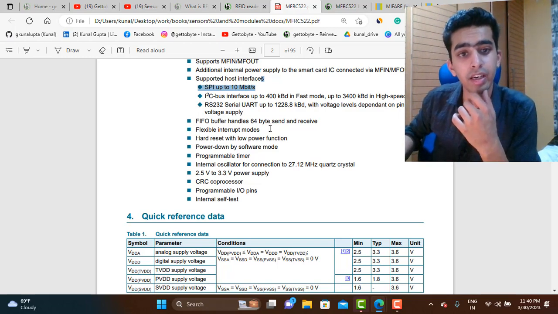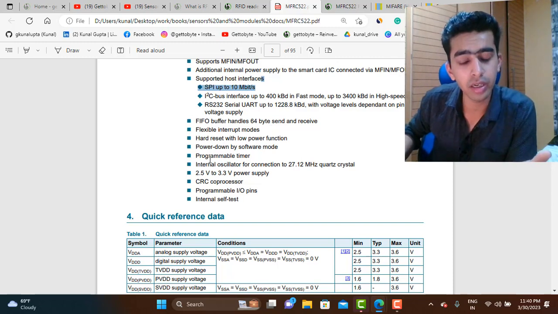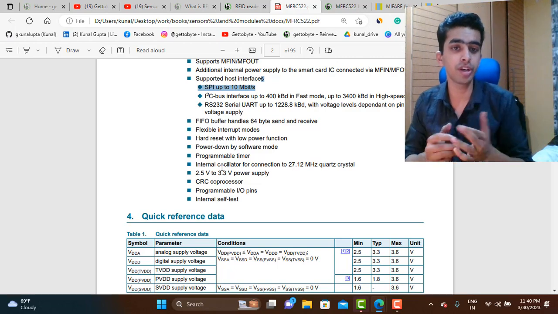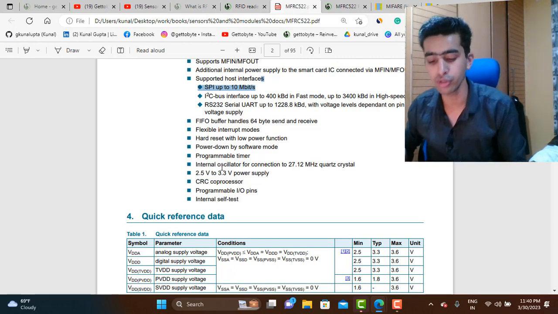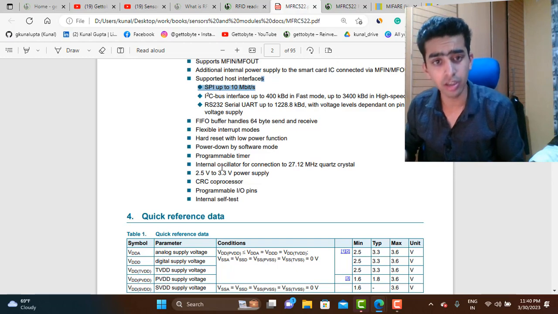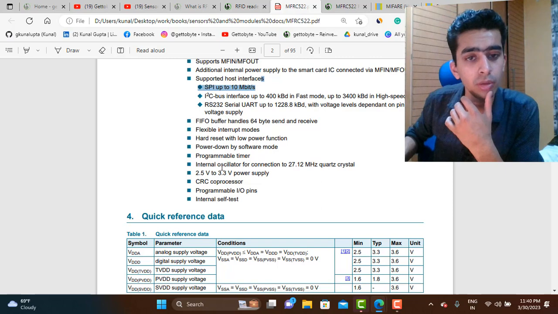It also has an interrupt mode. It also has a programmable timer, so we can program the timers to configure at what clock we need to drive it. It has an internal oscillator for supporting the timer peripheral and generating the signals for the timer and the communication of this module.